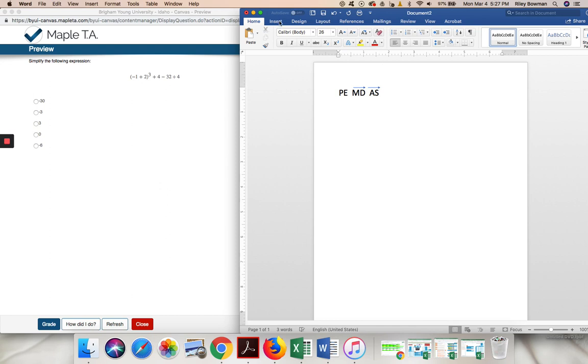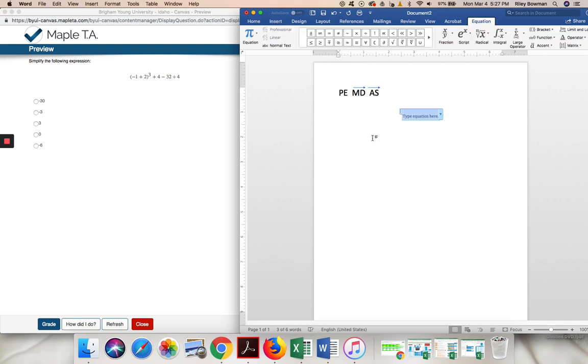And so I'm going to simplify it over here in Word just so that you can see my work. I'm going to insert an equation right here just because it makes it nice to have the exponents in the exponent place. So -1 plus 2, and then I want to raise this to the third.